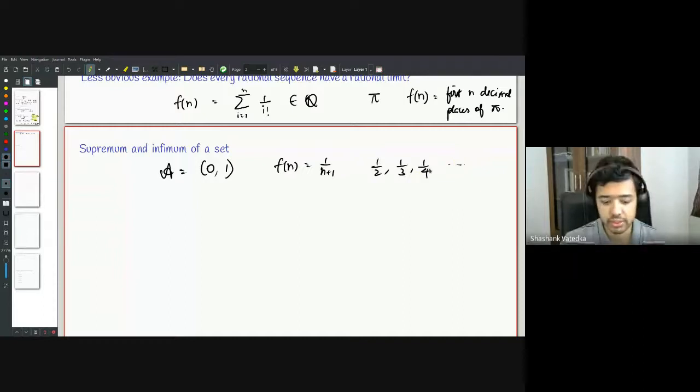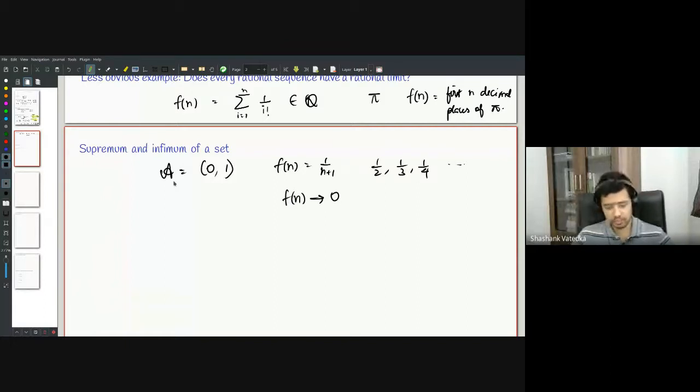So what does this converge to? Converges to 0, right? So f of n converges to 0, but 0 is not in this particular set. Okay. So there are certain sets over which the sequence converges to something within the set. There are sets for which the sequence may converge to something outside the set.